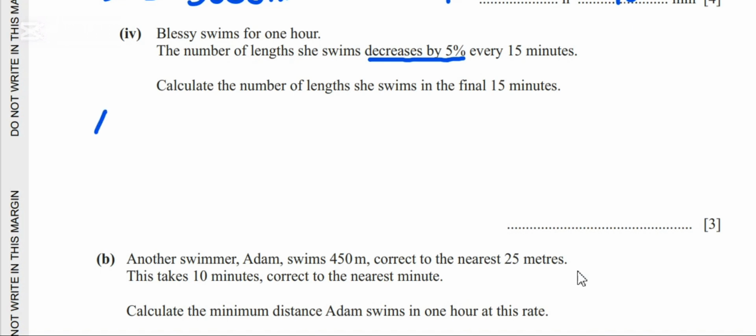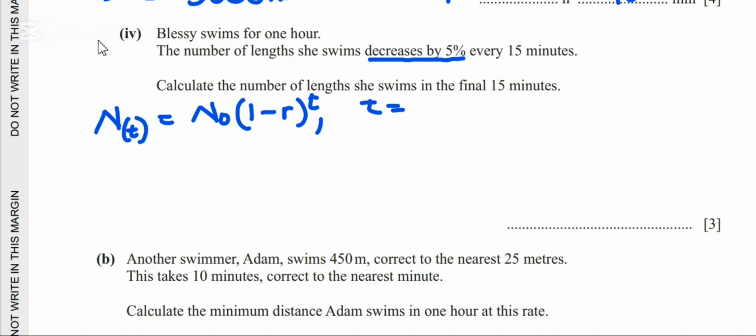Okay, so simple decay, we're going to say N_t is equal to the initial number of lengths times (1 minus r) to the power t. Okay, so we determine the value of t. How do you determine t?